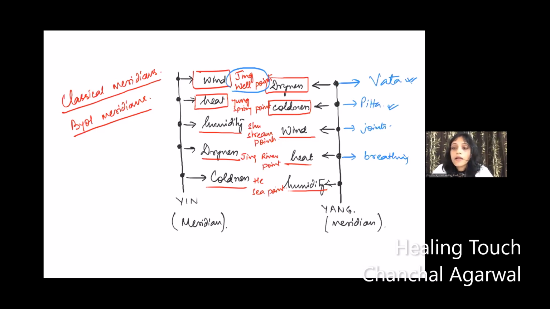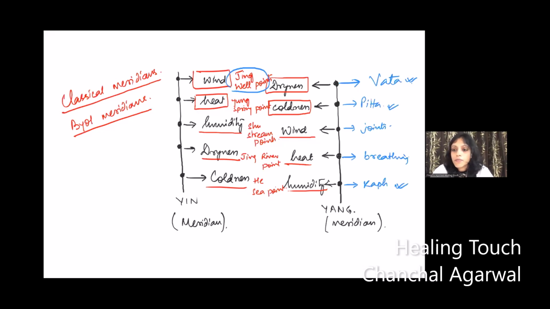Okay. And last one is coldness plus humidity. Coldness is what? Water. Humidity is what? Prithvi. It is 5. So 4 and 5, Jal and Prithvi, give rise to cough. So any cough related disorder, where will you treat?